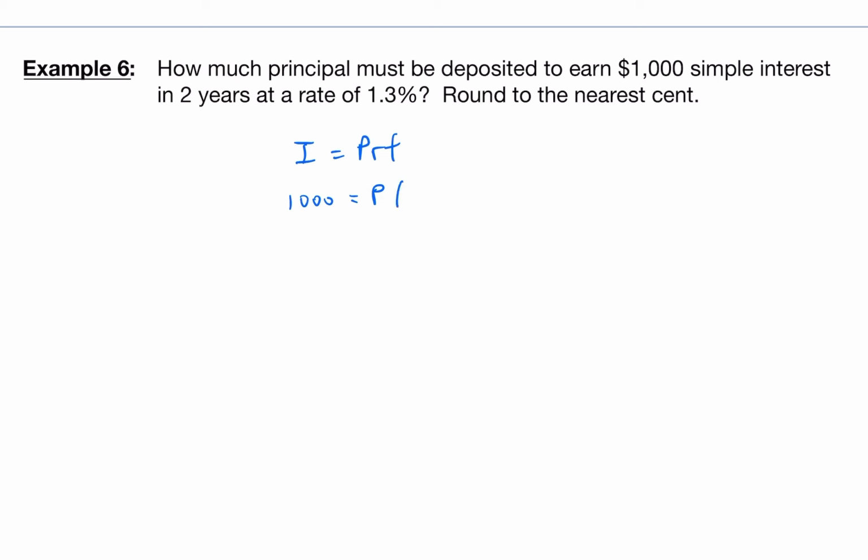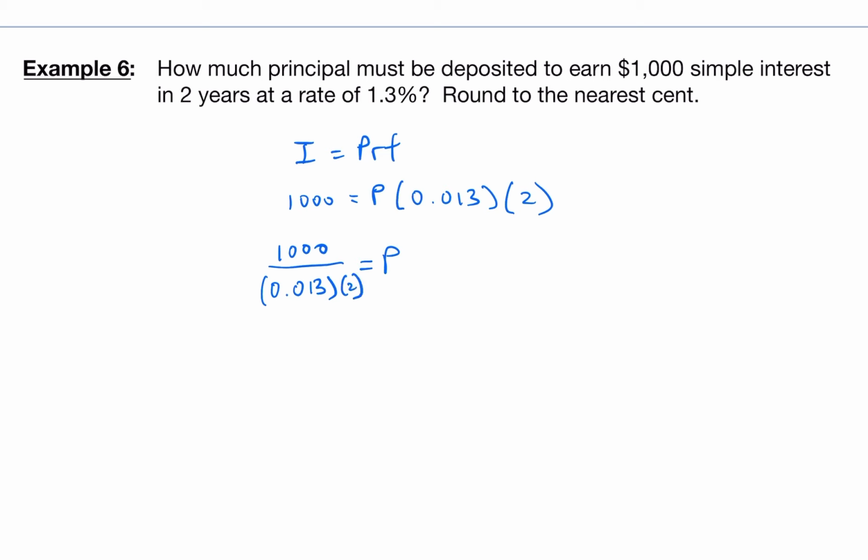And then our rate is going to be 0.013. That's our 1.3%, and this is over a period of 2 years. So now we need to solve for P. So we're going to take 1,000 and divide that by the product of 0.013 times 2.